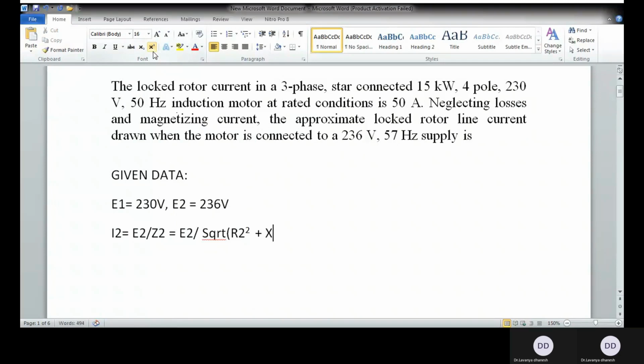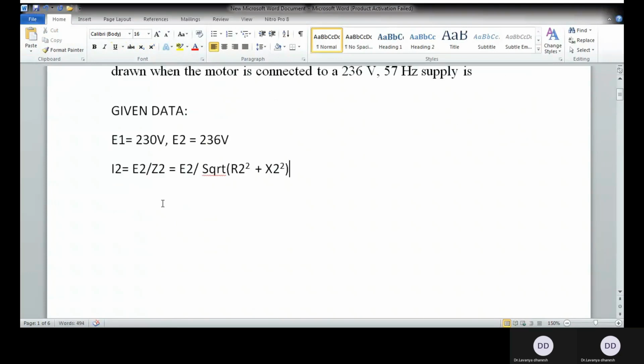That is the value you're going to substitute here.